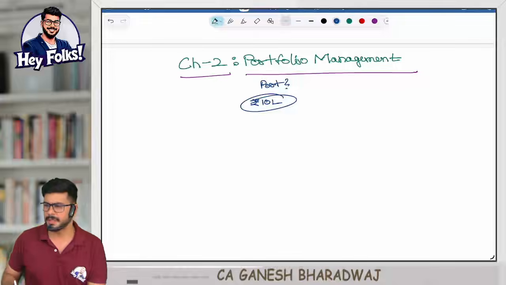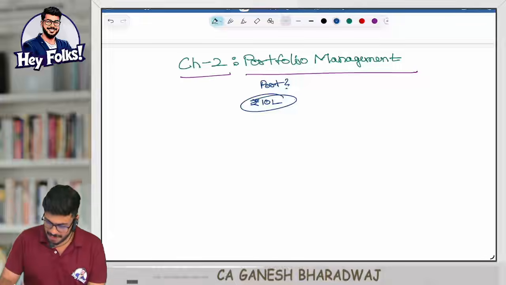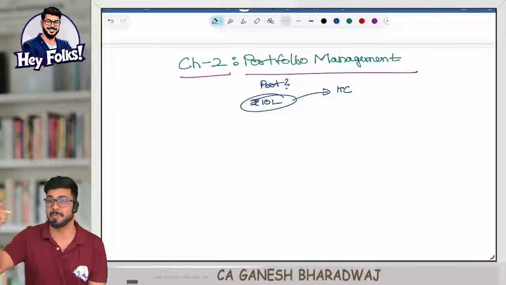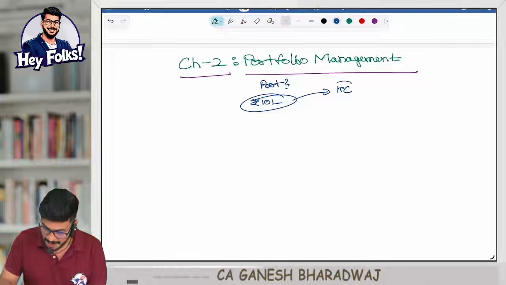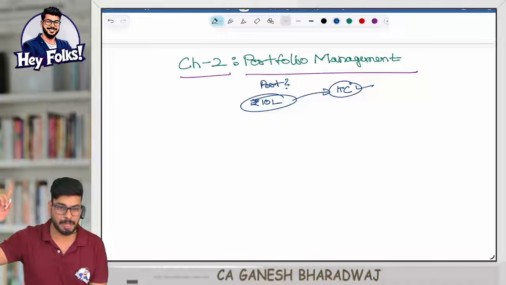Now I'm giving you two options. Option number one, will you invest this entire 10 lakh in one share, let us say ITC? Yesterday in the practical session I showed you the demo in my Zerodha account, where we placed orders and all. So the entire 10 lakh rupees worth, I buy ITC share. This is option number one.